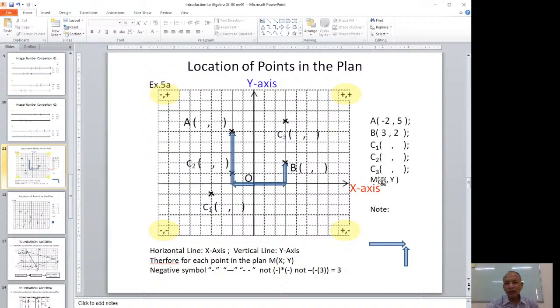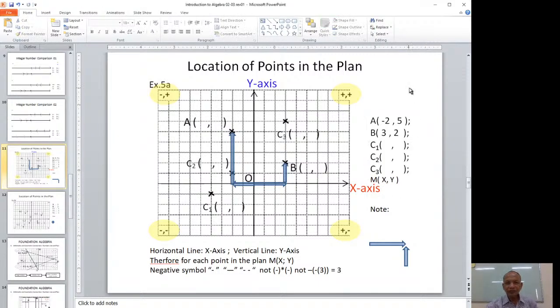Any point M on the plane must be identified by a pair of numbers: x to represent the location along the x-axis, and y along the y-axis.